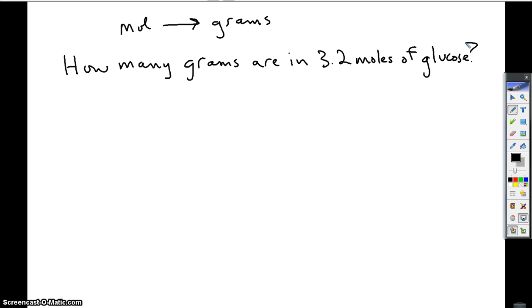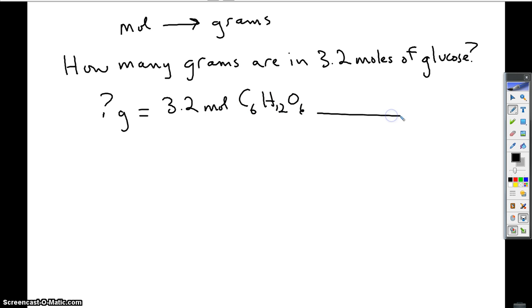So again, what's the question? How many grams are equal to 3.2 moles of C6H12O6? And again, we almost can't go wrong.